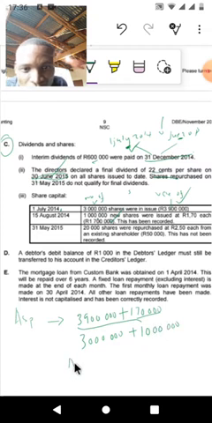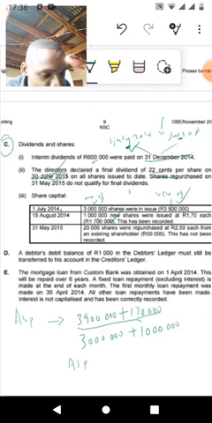So what you get here should be the average share price. Let me press my calculator. 3,900,000 plus 1,700,000 divided by 3 million plus 1 million.